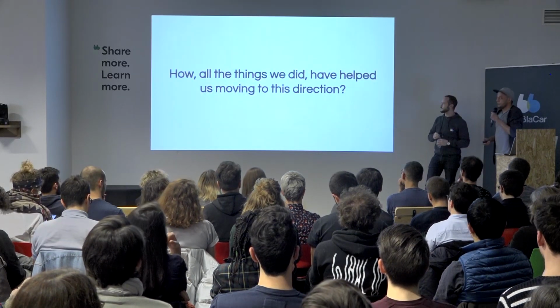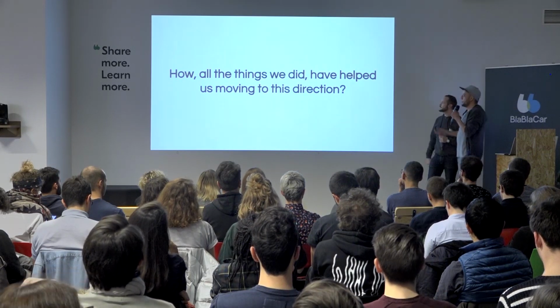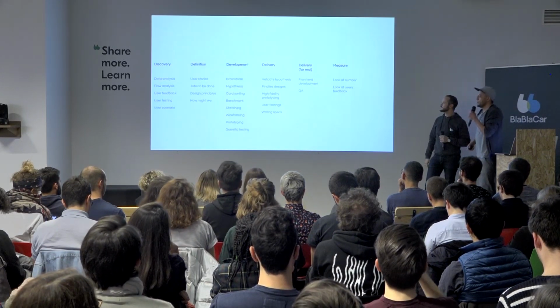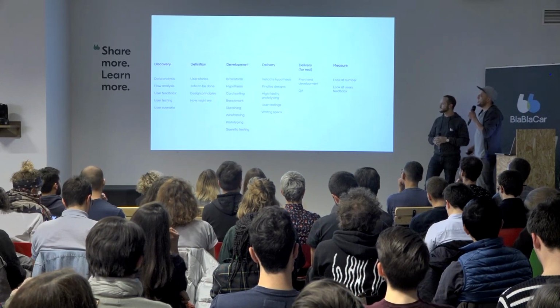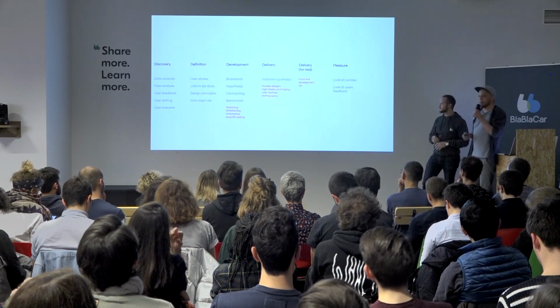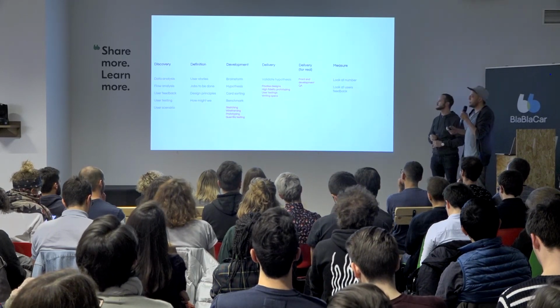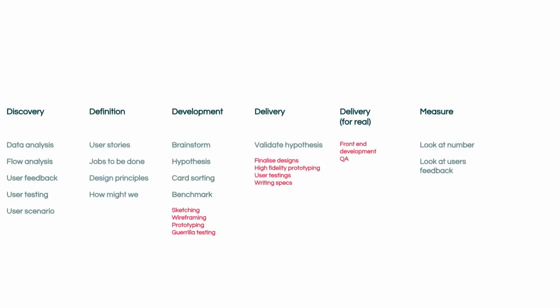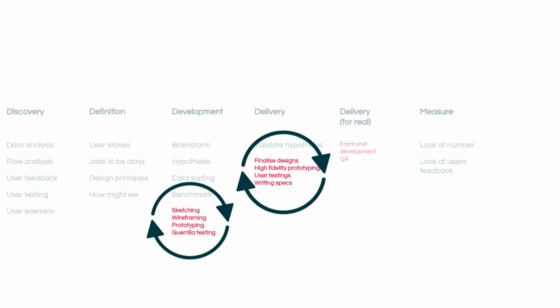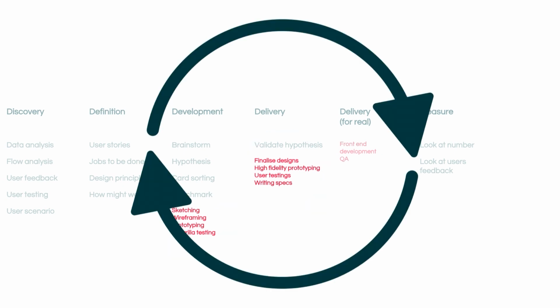So how did all the things we did with the design system help us move in this direction? When you look at all of this work that has to be done, introducing a library helped us reduce a lot of time on all of these things, like sketching, wireframing, prototyping, finalizing, also development. Introducing a UX system helped us reduce the number of iterations we have to do vertically inside of these phases of work, and let us spend more time on these horizontal iterations, meaning from development to delivery.